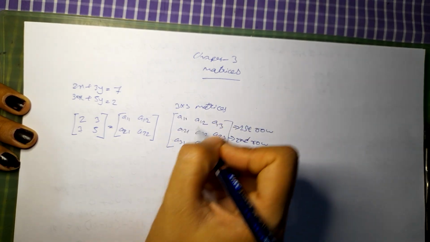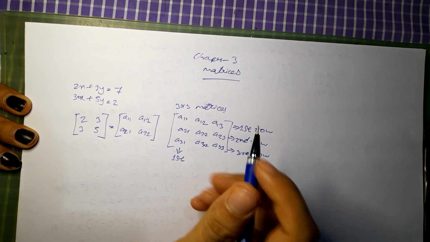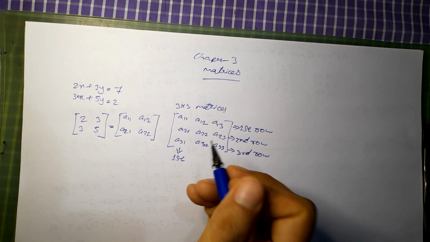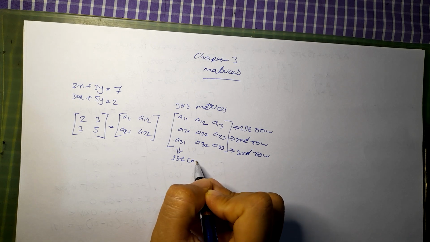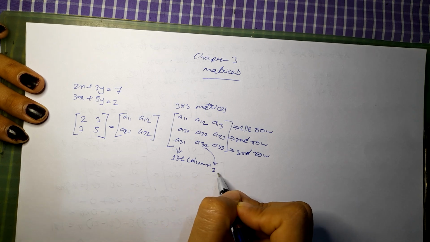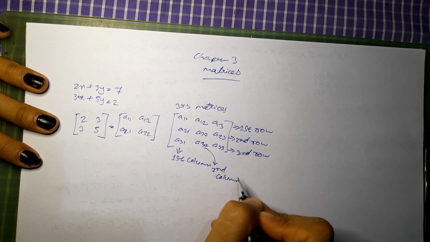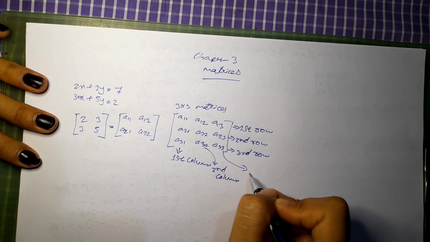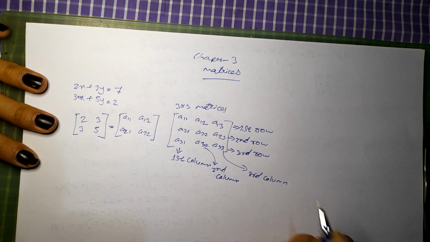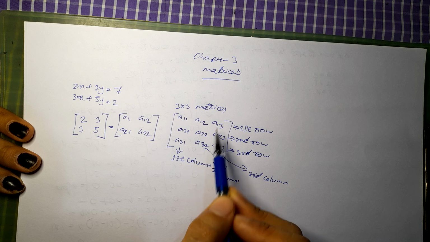And these are the columns: first column, second column, third column. So this is the first row, second row, third row, first column, second column, and third column.